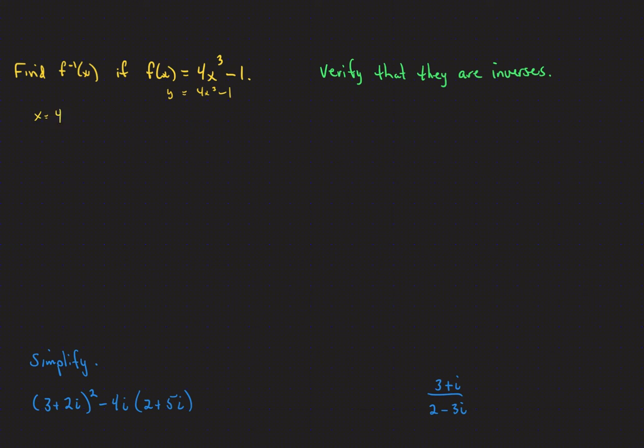We will switch the x and the y, and then we're going to solve for y. y cubed is going to look like x plus 1 over 4, and we'll cube root that whole thing to get y, which we're going to call f inverse of x, is going to be the cube root of x plus 1 all over 4.